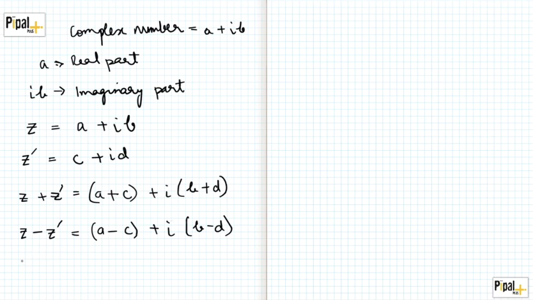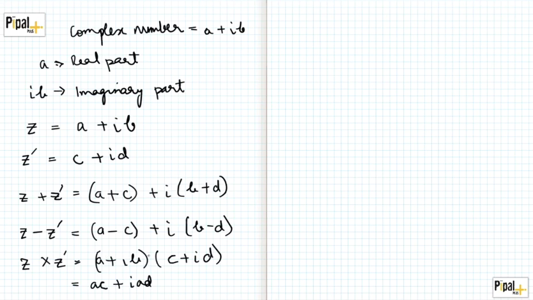However, what happens when we multiply them? Now when we multiply them, this whole thing multiplies with this whole thing and we get A plus iB multiplied by C plus iD. Using the rules of multiplication, when we open these brackets we get AC plus i times AD, right?